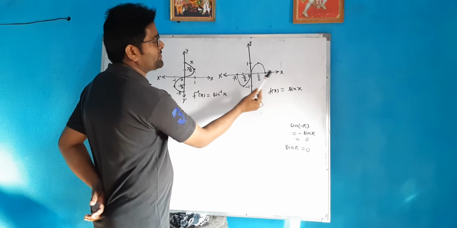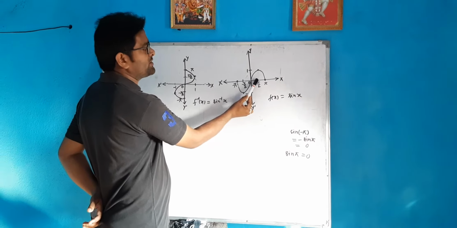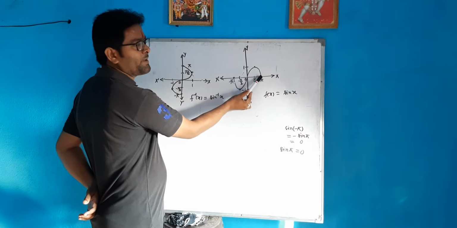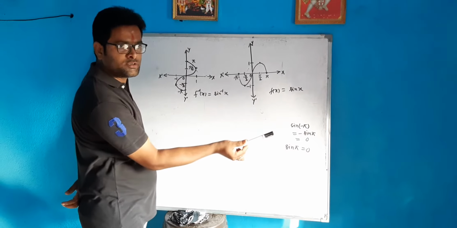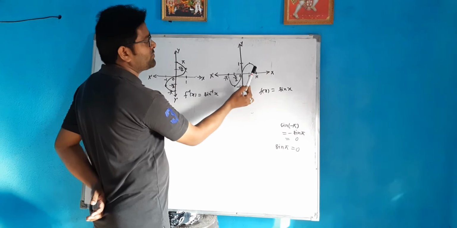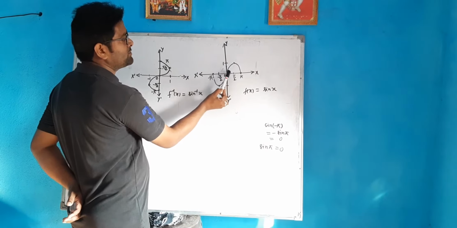If x is equal to pi by 2, sine pi by 2 is 1. So this is the plotted point. If x is equal to pi, then y is equal to sine pi, which is 0. So the points are pi, 0; pi by 2, 1; 0, 0.